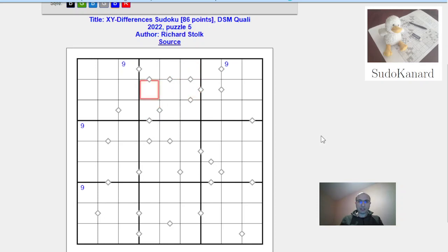Now let's move on to this part, which seems to have a lot of traction. A symbol here between the first two cells means that the difference between those is this, so the second cell is twice the first. So the options here are 1, 2, 3, 4 with their doubles.